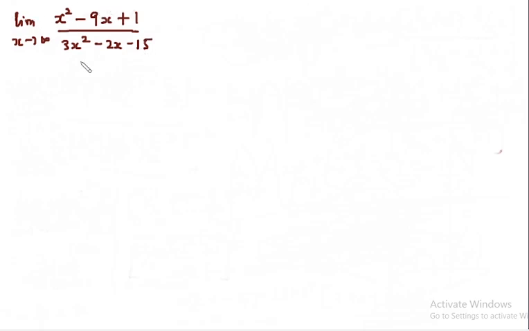To solve this problem, for the numerator, we factorize the term with the highest degree out of the numerator. And for the denominator, we factorize the term with the highest degree out of the denominator. For the numerator, the term with the highest degree is x squared.